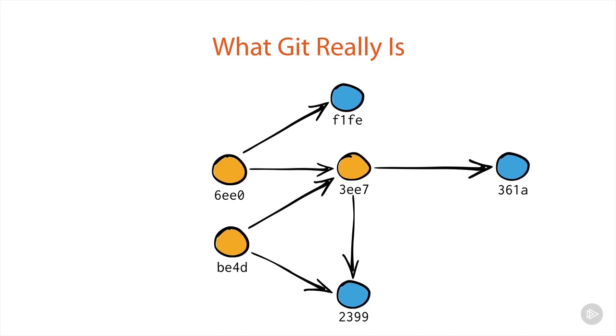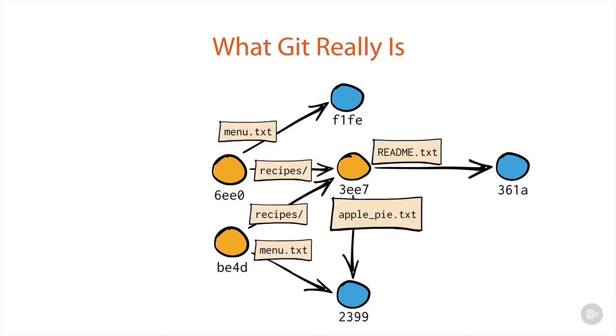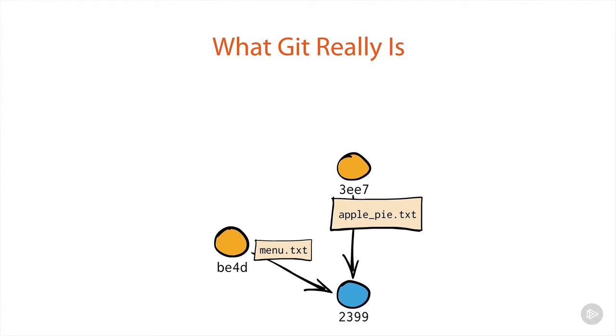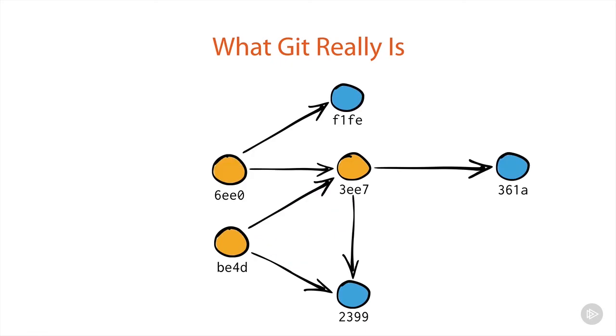And the names of the blobs and trees are not in the objects themselves. Instead, they are stored in the containing tree. So you can have the same object, say the same blob or the same tree, pointed at by different trees with different names. Does this structure remind you of anything?